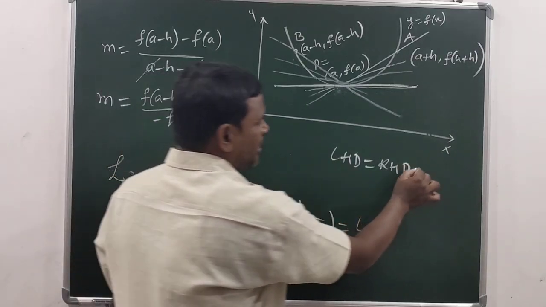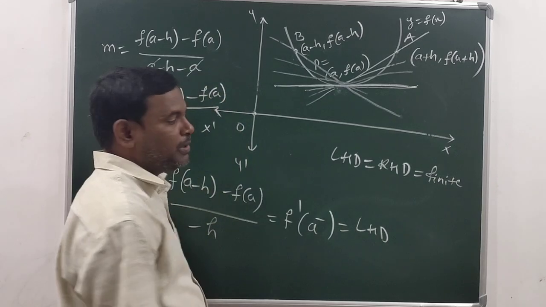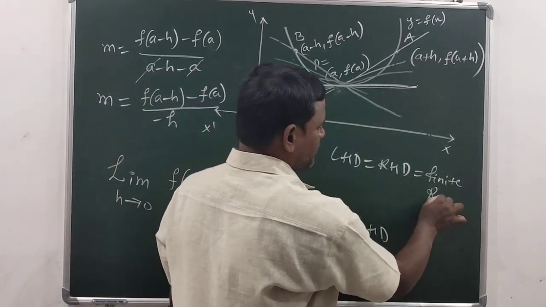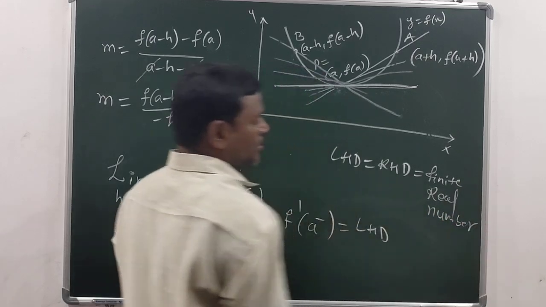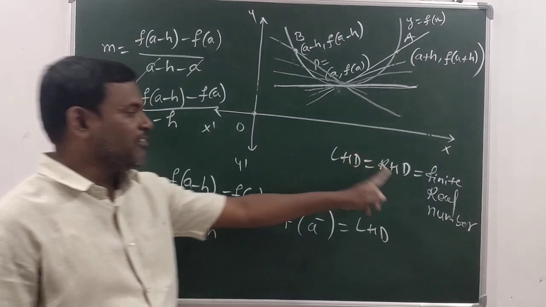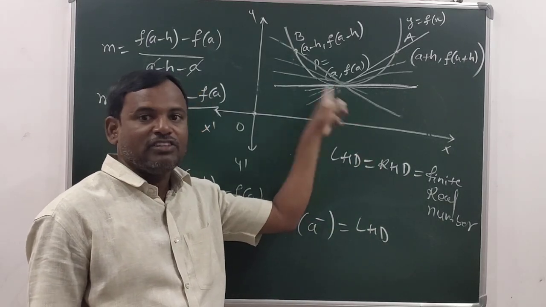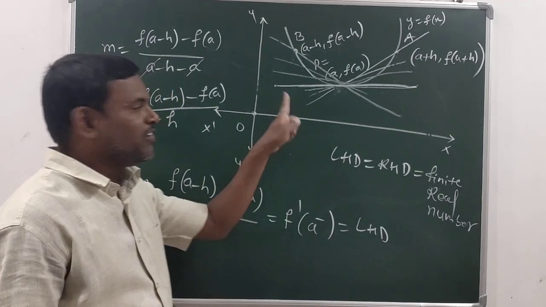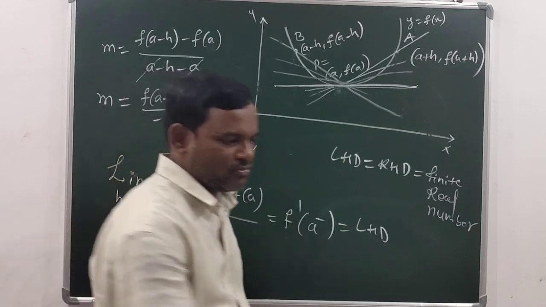Both should be a finite result, meaning a finite real number. If both are given a finite real number, and at that point a that function is continuous, then you have to say that function is differentiable at x equal to a.